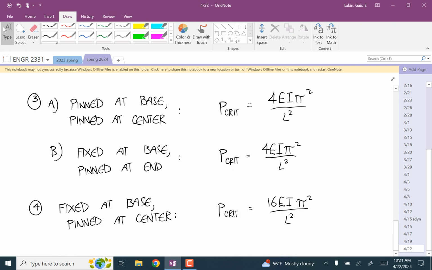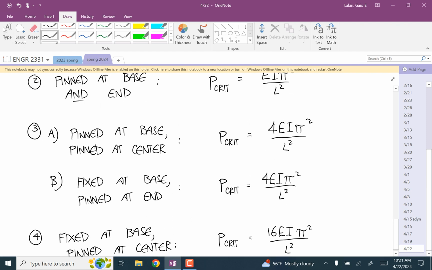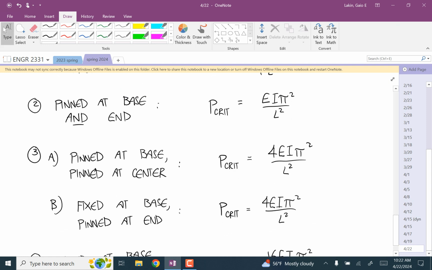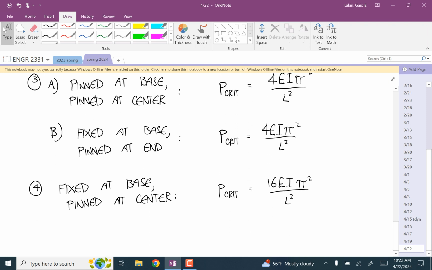And so you can see there's a factor of 64 difference. For the exact same beam, you have a factor of 64 difference between the fixed at the base and free at the end, and the one that's fixed at the base and restrained at the center. So it's a huge difference that you get from these different positions.